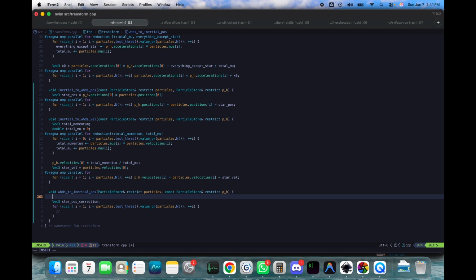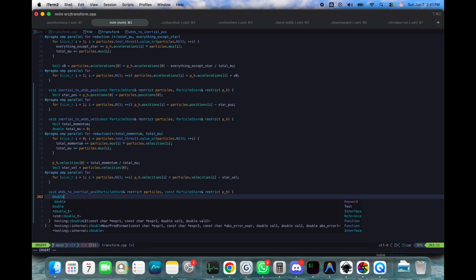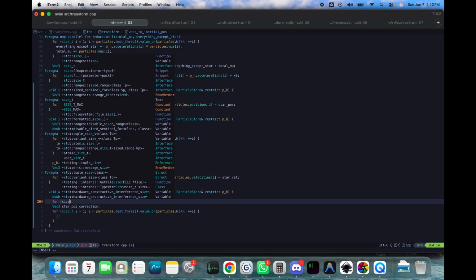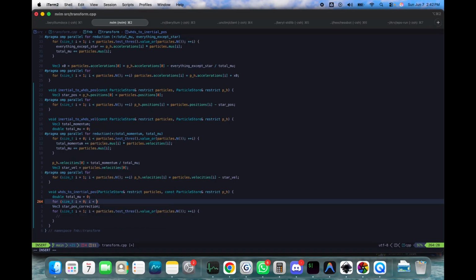This is not fun. At this point I should probably pass total mass into here so I don't have to do another 10 billion OpenMP loops to figure out total mass. Only need to do one of them, but anyway, that's besides the point. For size 0 is less than.